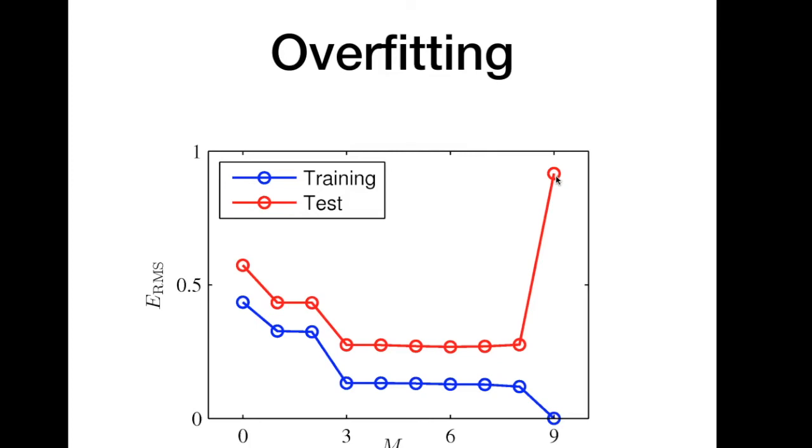On the other hand, if we select m between 3 to 8, our model gives good performance on both training and test data. So we can confidently choose m equals 3, which is the least complex, best performing model. So here is one way to select the models.